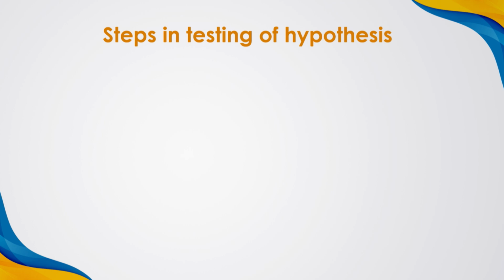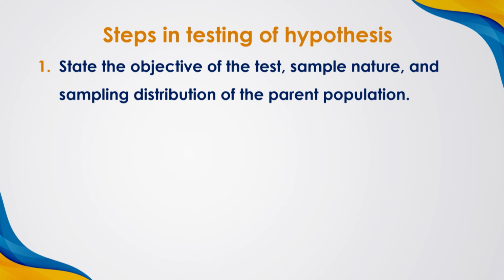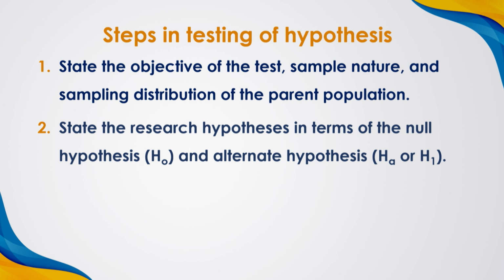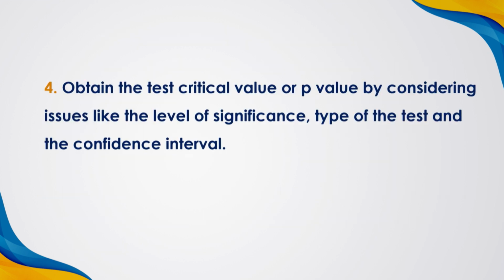Steps in testing of hypothesis: there are 5 broad steps in testing. First step is to state the objective of the test, sample nature and sampling distribution of the parent population. Second step is to state the research hypothesis in terms of null hypothesis and alternative hypothesis. Third step is to state the test statistic and its sampling distribution and compute the test statistic based on the observed and experimental data.